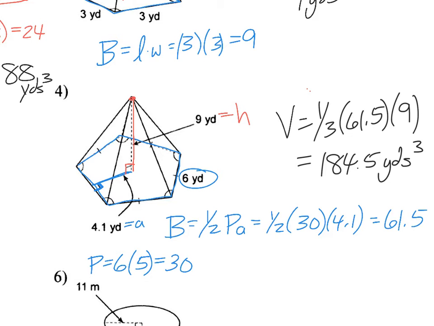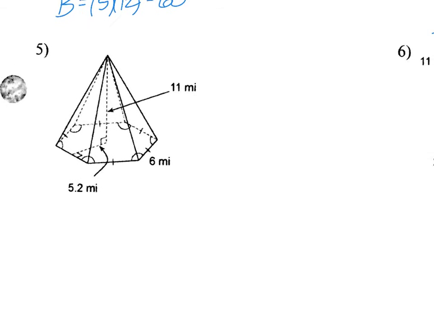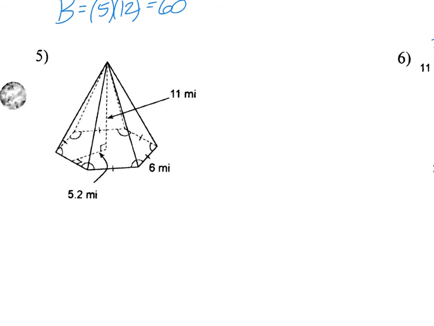All right, a couple more here. So this one's basically like the previous problem, except this is 1, 2, 3, 4, 5, 6. That's a hexagon. So there's the side length, 6 times 6. Let me go back. Let me write the formula down again.